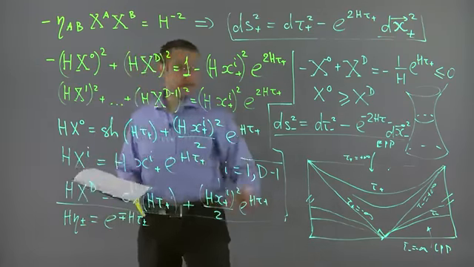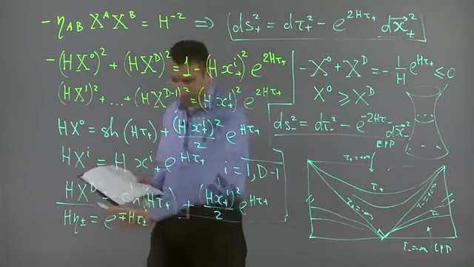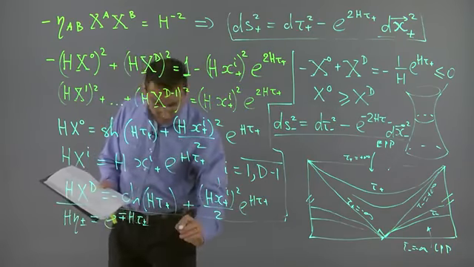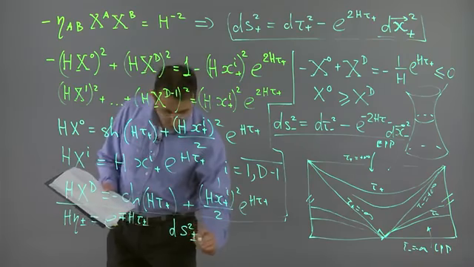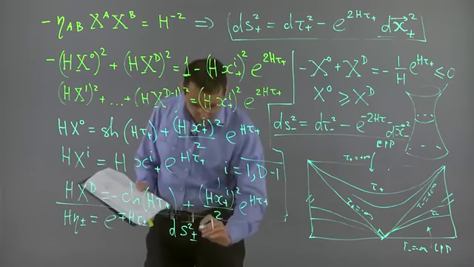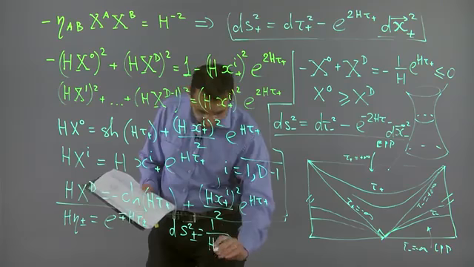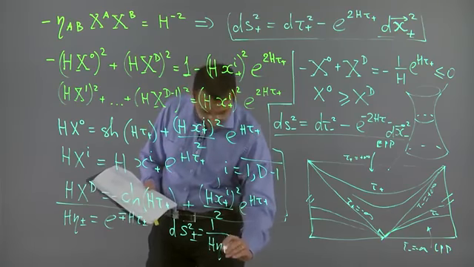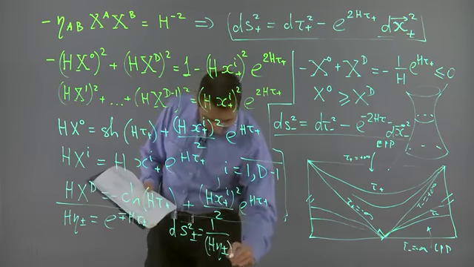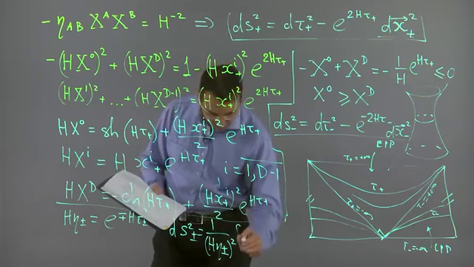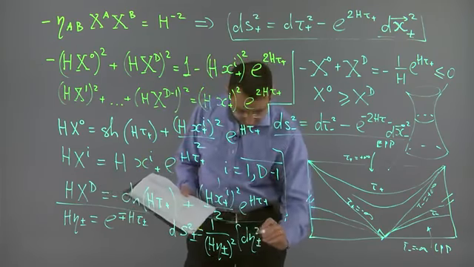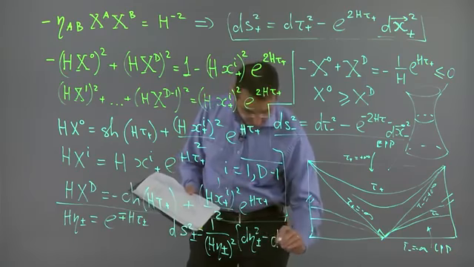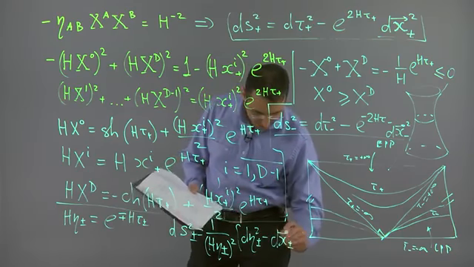In both cases, from this and this metric, after this change, we obtain the following metric: ds squared plus and minus look both the same, more or less, with one crucial difference, which I'll explain in a moment. So d eta plus minus squared minus dx plus minus squared.